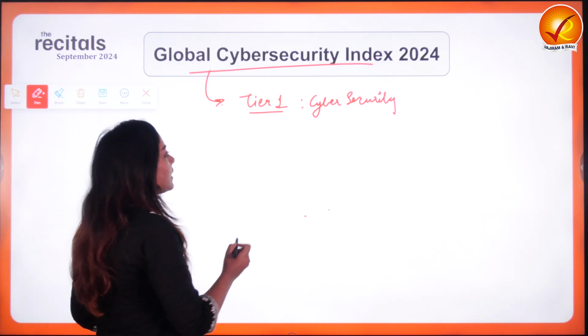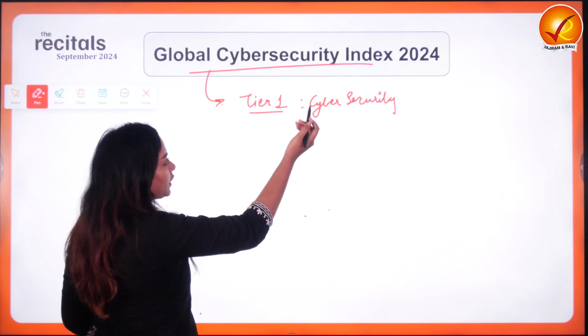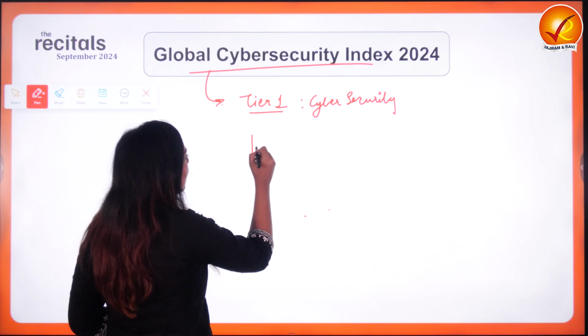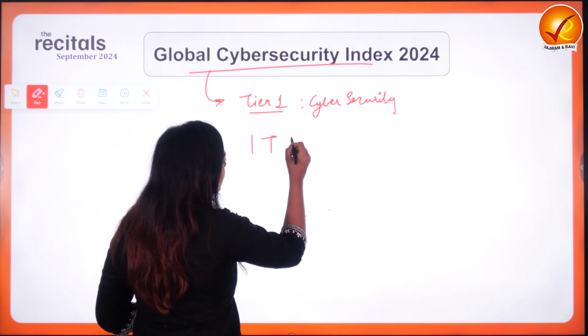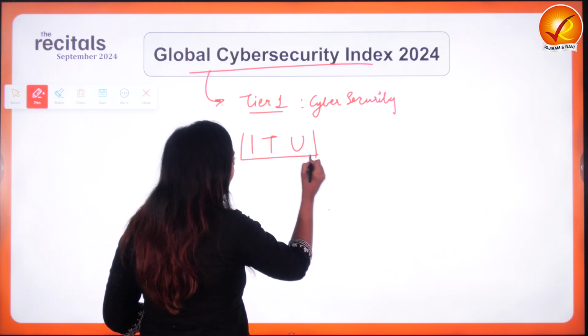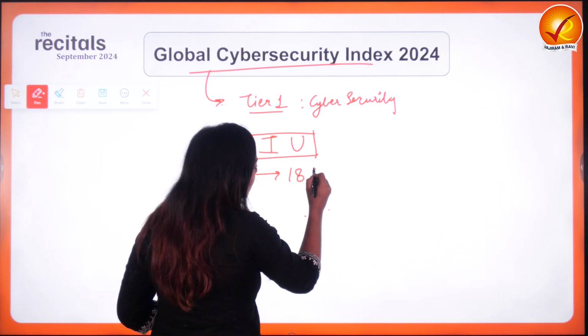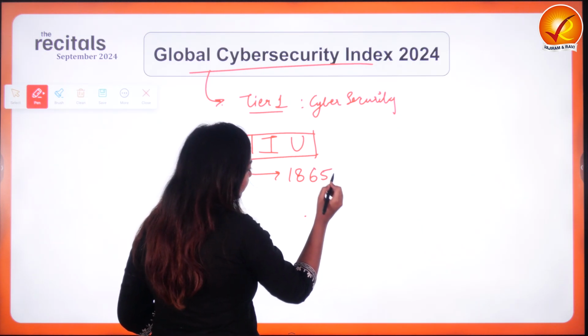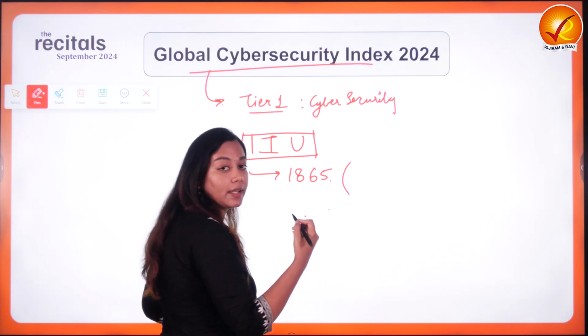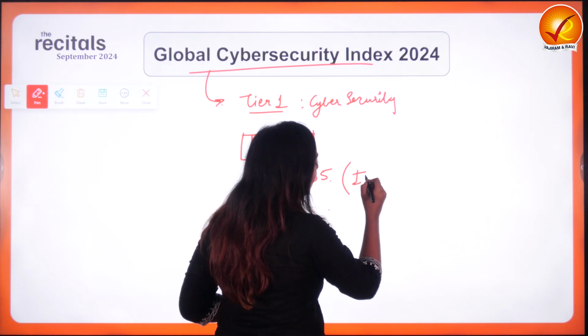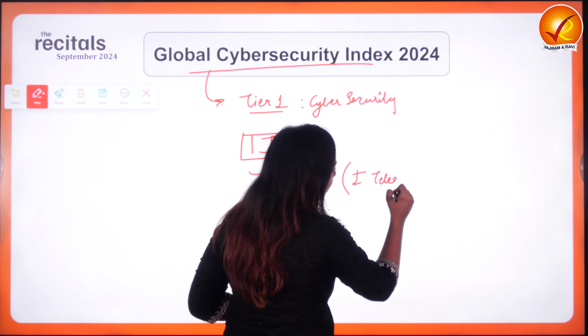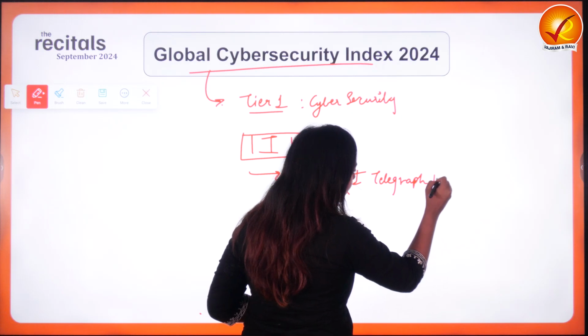So first of all, let's understand the basic institution's name that is given over here, which is the International Telecommunication Union, ITU. Now, ITU initially was formed in 1865. And at that time, there was nothing like a telecom, so it was named the International Telegraph Union.